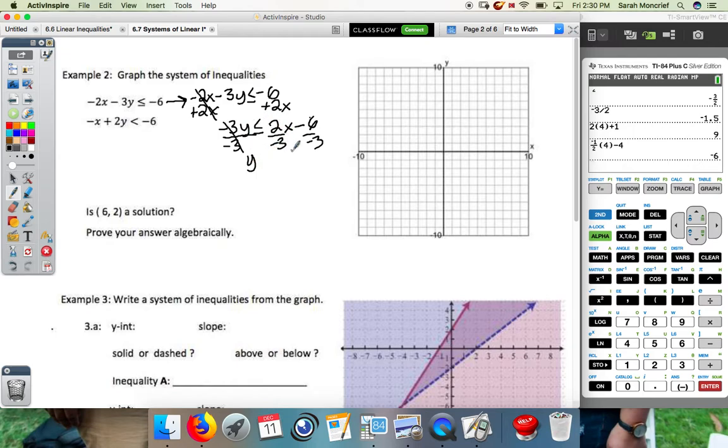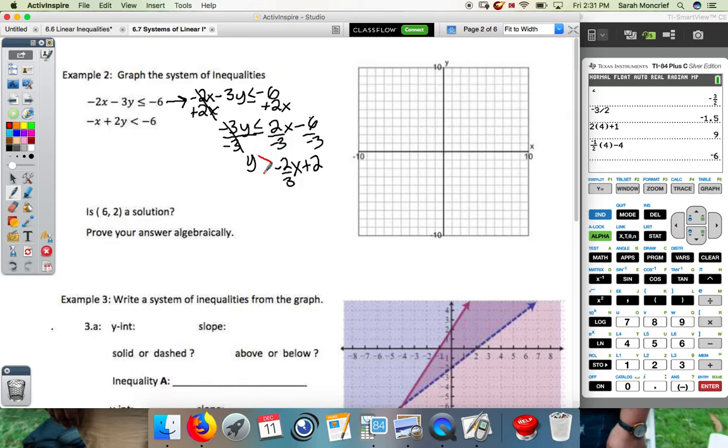So we'll talk about the sign in a second. Can we simplify 2 over 3 any more? So we have negative 2/3 x. And then what is negative 6 divided by negative 3? Positive 2.